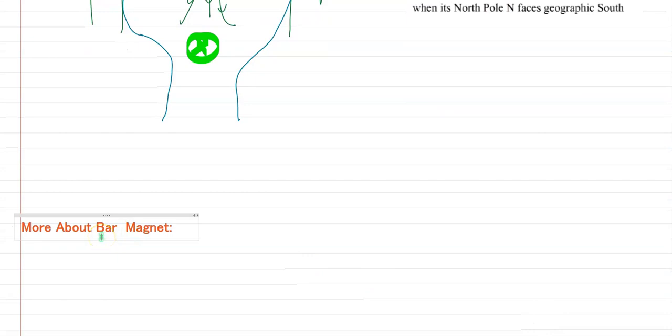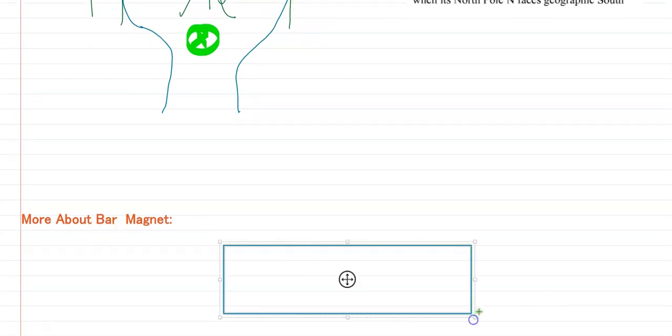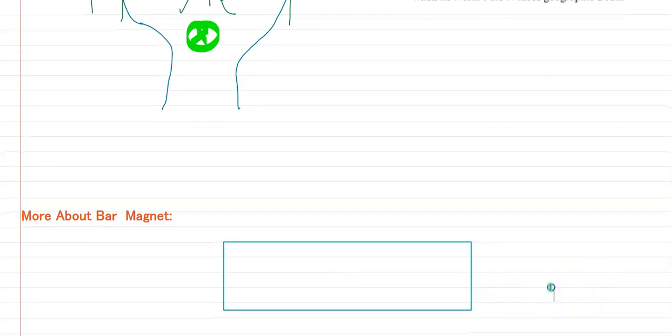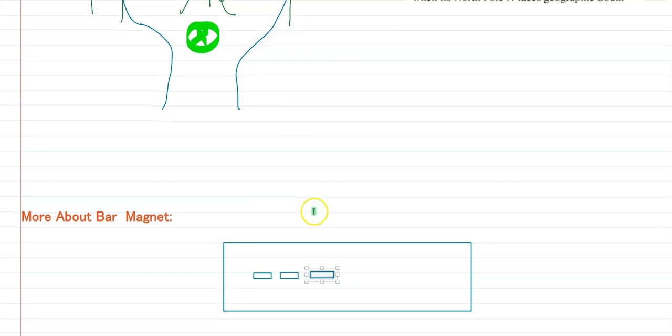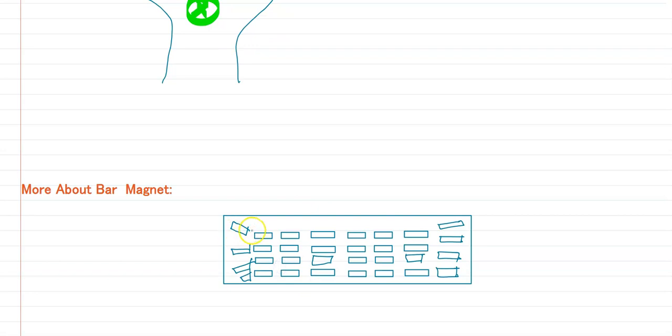So, more about the bar magnet. To explain the internal property of a bar magnet, I have told that each atom acts as a bar magnet, like that. The internal atoms of the bar magnet are maybe oriented north-south along the same direction.